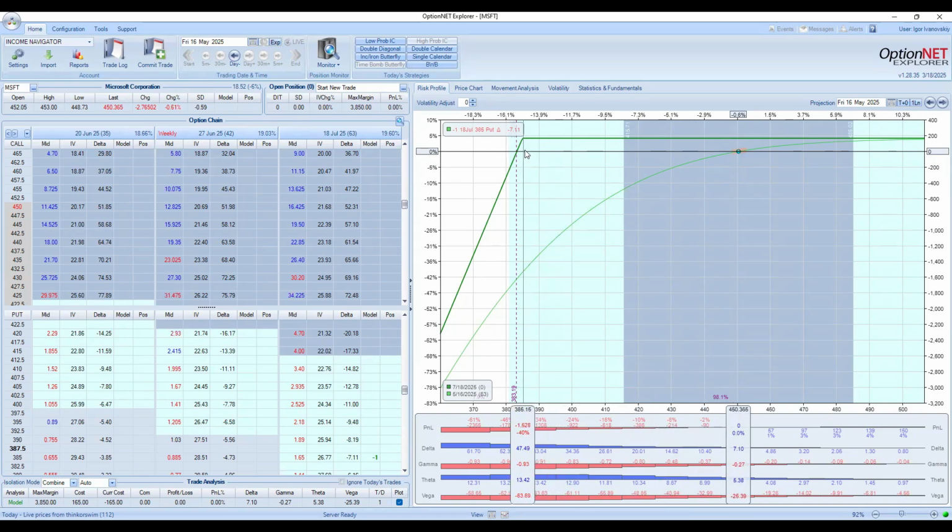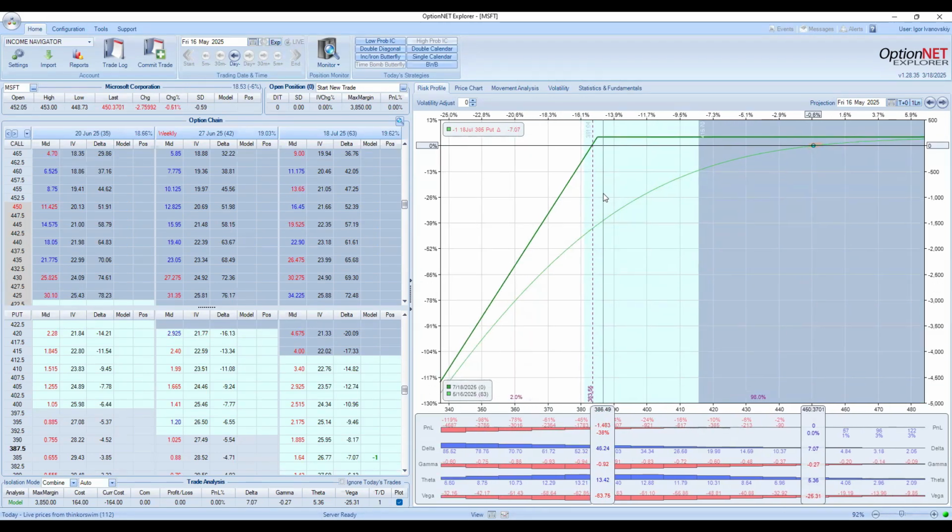You short the far out of the money put, you take in the premium, and that is your max potential reward. But now you have the obligation, not the right, but an obligation, if you're selling this put, to buy the stock at the strike price by expiration.